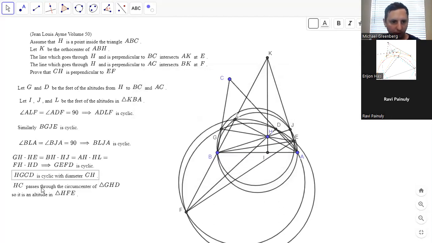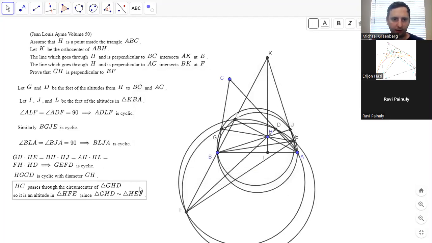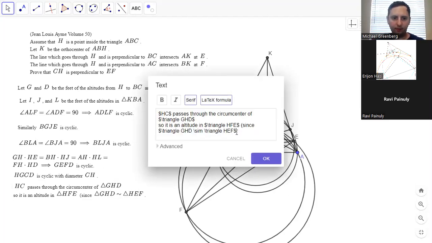All right. So since GHD is similar to HEF. All right. So, and then that means that CH is perpendicular to EF.